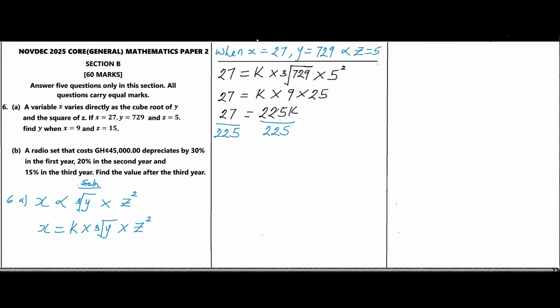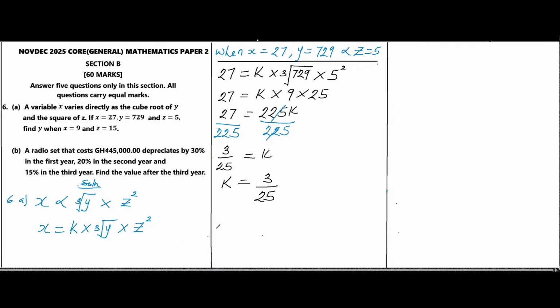So 225 will cancel out. So what is 27 on 225? We have 3 on 25 as k. So therefore, the constant of proportionality here is 3 on 25.